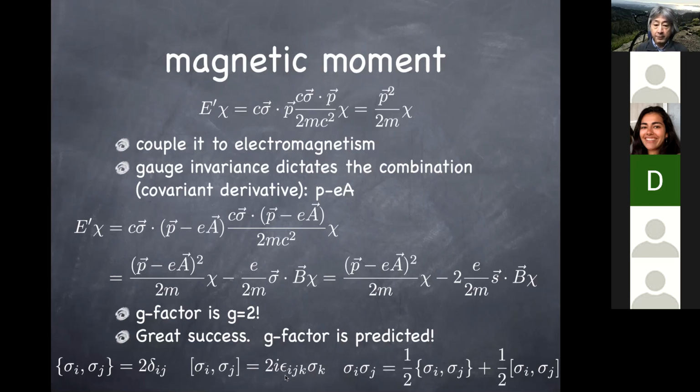Now you need to work out epsilon_ijk (P minus eA)_i (P minus eA)_j. And epsilon_ijk is totally antisymmetric. So for (P minus eA)_i (P minus eA)_j, I can antisymmetrize it and write it as a half of the commutator of (P minus eA)_i and (P minus eA)_j.